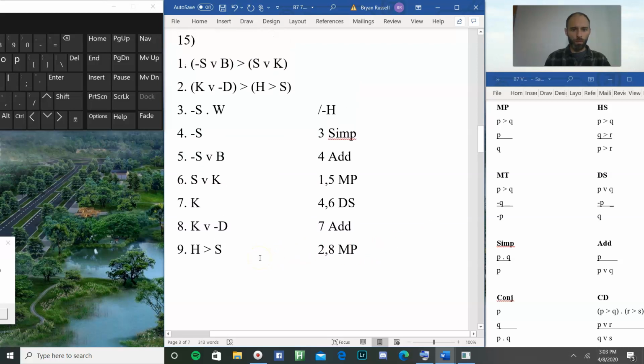Alright, so 2 and 8 MP got us H horseshoe S, and recall what we're trying to get is tilde H. Now we have it as the antecedent here. Modus tollens tells us we could throw a tilde in front of that H as long as we somewhere had the negation of the consequent S, and we do on line 4, we have tilde S, so we can get tilde H, and we can get that from 4, 9.